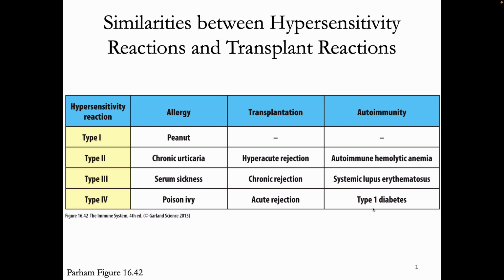We have been talking about hypersensitivity reactions, autoimmune diseases, and we left off on Friday talking about transplantation. And we have seen some general similarities between some of these different types of responses.